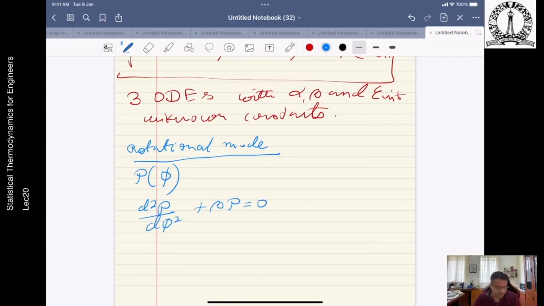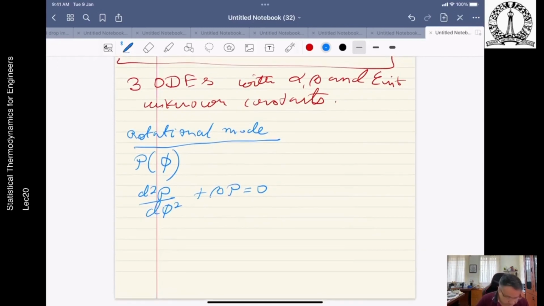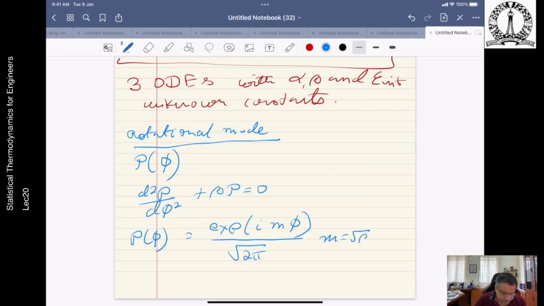Okay. So the solution to this is P(phi) equal to exponential i m phi divided by root 2 pi, where m is equal to root over beta, which is 0, plus minus 1, plus minus 2, and so on. And this also obeys P(phi plus 2 pi) equal to P(phi). All right, so let's take a second pause and look at it.